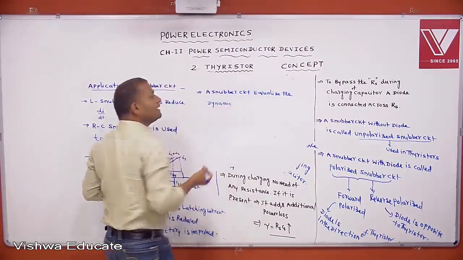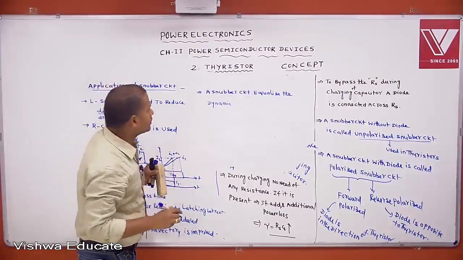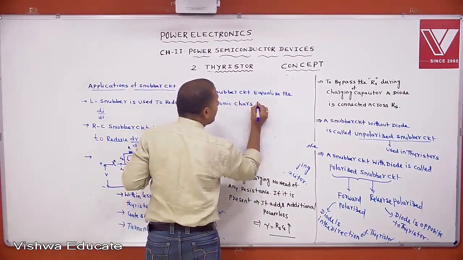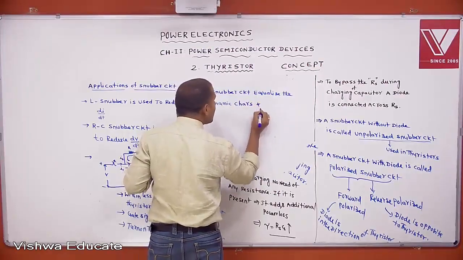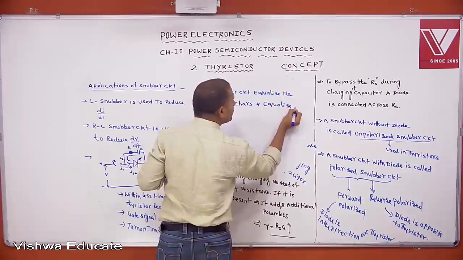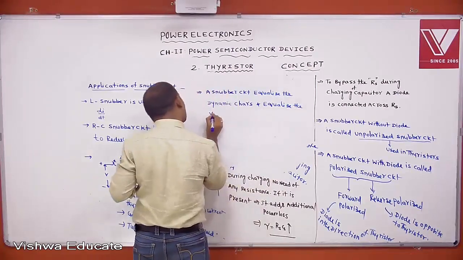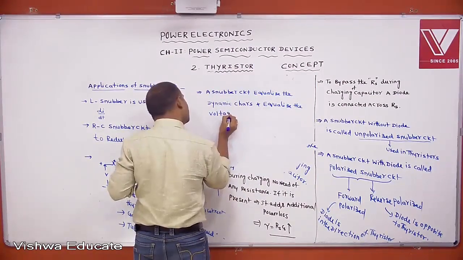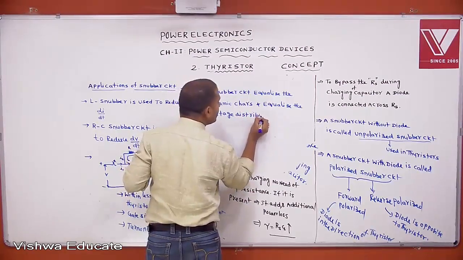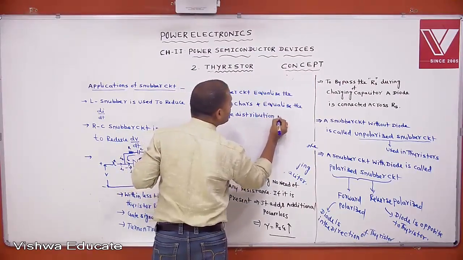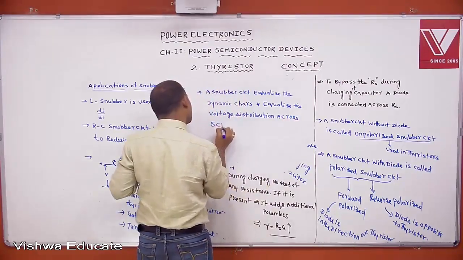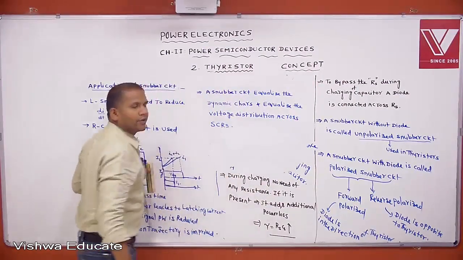Later on, in the series and parallel connection, I will give the proof also. It equalizes the dynamic characteristics and equalizes the voltage distribution across the SCRs, or across thyristors. These are the applications.